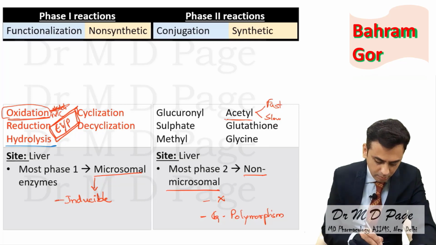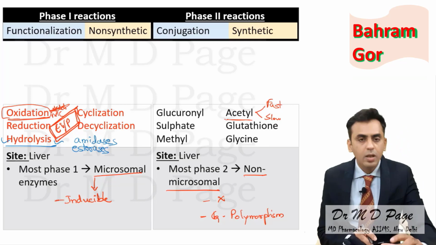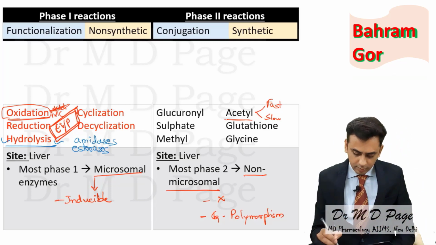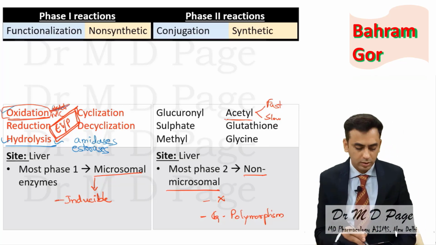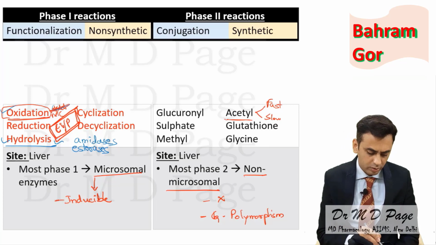Hence it is mediated by enzymes like amidases or esterases. What is important for us is only oxidation. We have to focus on oxidation. The remaining is not important. I will finish off very quickly.